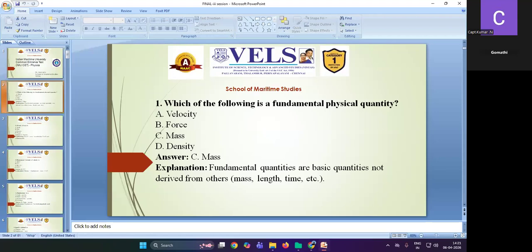Fundamental quantities are basic quantities which are not derived from others. Examples: mass, length and time. Derived physical quantities are velocity, force and density.